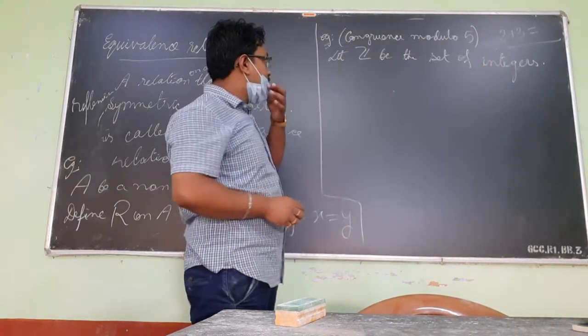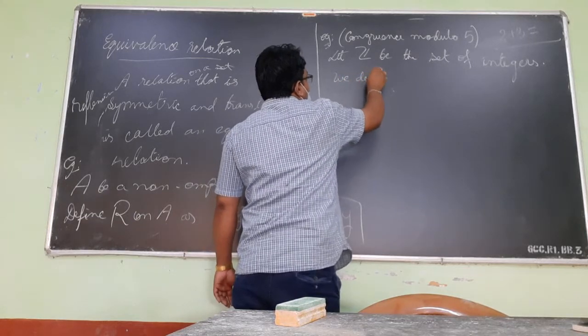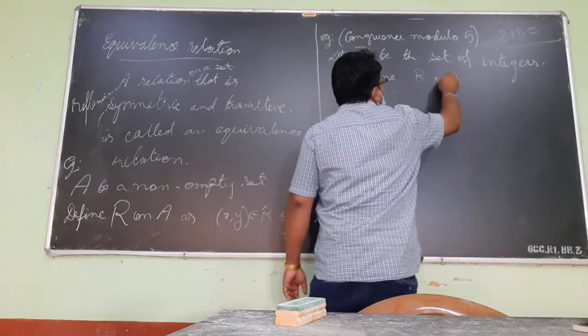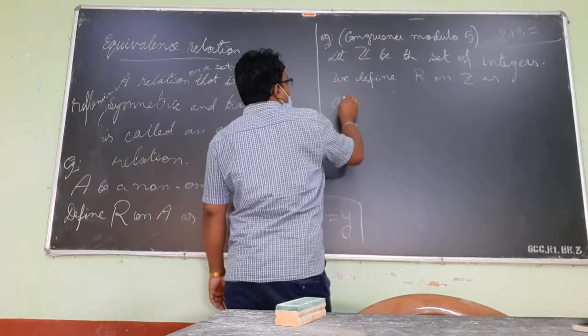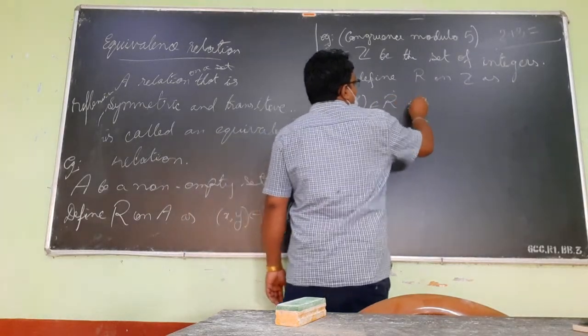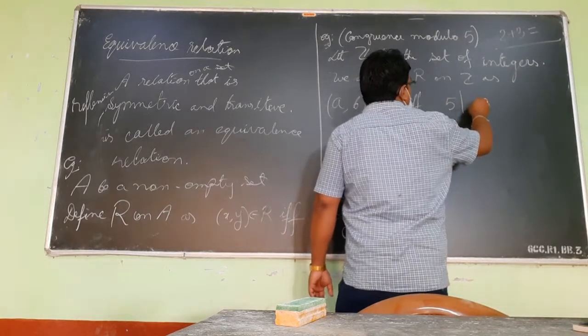Let Z be the set of integers, and we define R on Z as: a comma b belongs to R if and only if 5 divides a minus b.